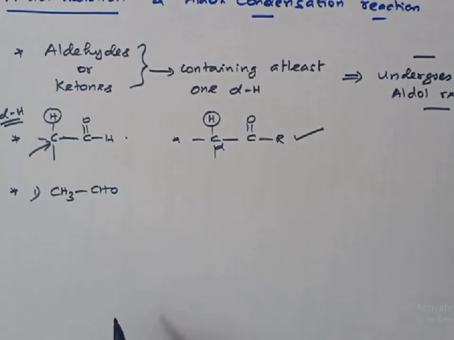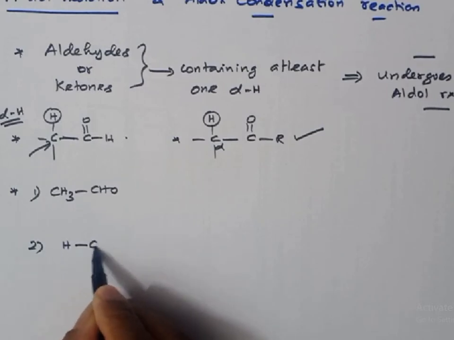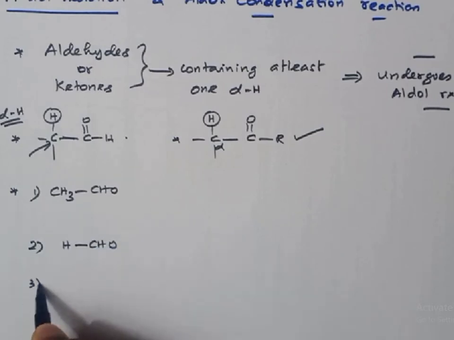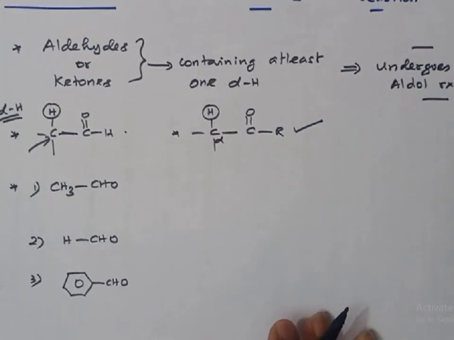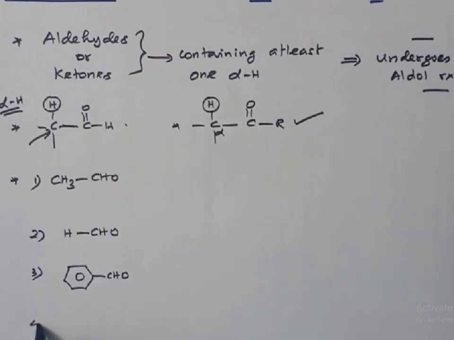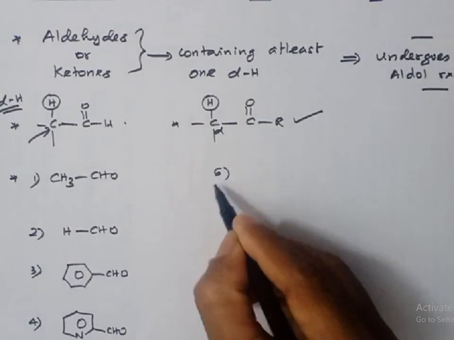Number one, this is ethanal, and this is methanal, and this compound is benzaldehyde or benzene carbaldehyde. And this is pyridine, and you attach an aldehyde group here.